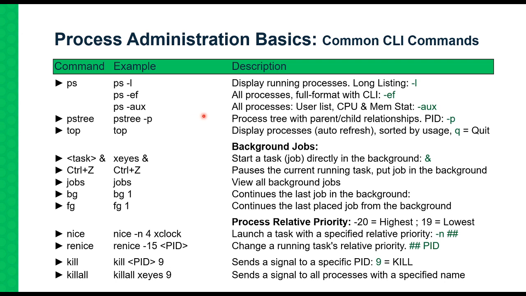Should you wish to see the process IDs of that, we use the -p option. So our command will be pstree space -p. Then one of the most handy features in our SLES environment is the command top. That displays processes with an auto refresh, and it's sorted by the current CPU usage. To quit top, we just hit the Q button.